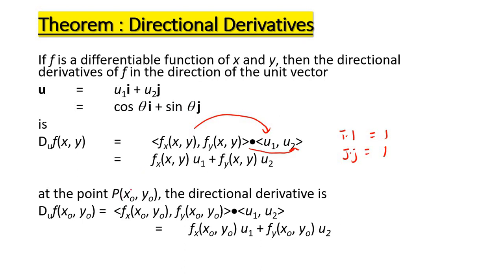At the point (x0, y0), we just substitute the variables x and y by x0 and y0. So your directional derivative at the point (x0, y0) will be equal to fx(x0, y0) multiplied by u1 plus fy(x0, y0) multiplied with u2. So directional derivative is actually the slope of the surface f(x,y) in the direction of unit vector u at the point (x0, y0).